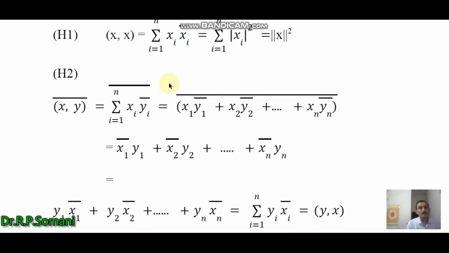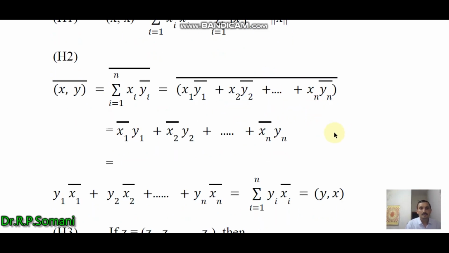The second condition: the conjugate of xy bar. This is equal to the summation, i varying from 1 to n, of xi yi bar, equal to x1 y1 bar plus x2 y2 bar and so on plus xn yn bar, whole bar. Then applying the property of the conjugate, the double conjugate will cancel.